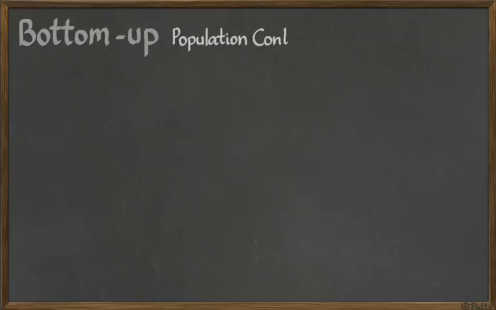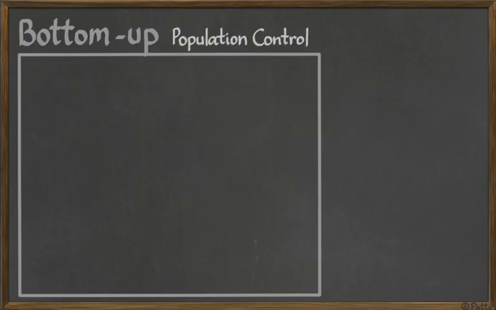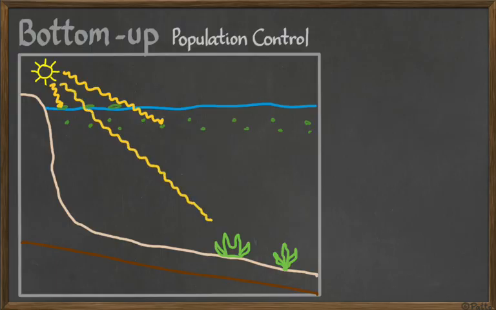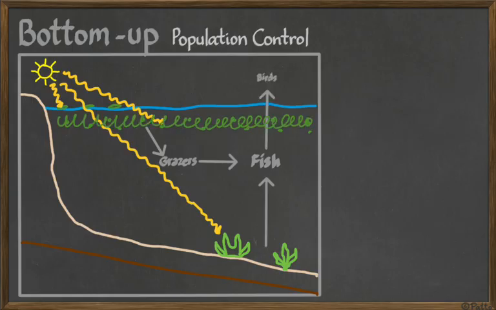Examples can be the opposite, bottom-up population control. Bottom-up population control is when the population is controlled from the bottom, by the food, not by the predator. Typical example of that, algae in the ocean. If you have lots of sunlight, there will be algae, and the population is going to be growing, and the grazers will be there, the fish will be there, and the birds.